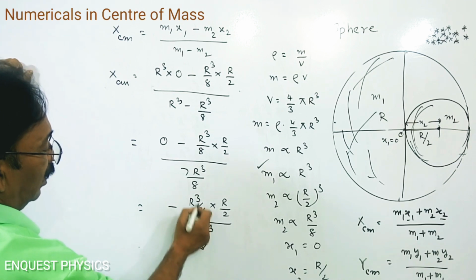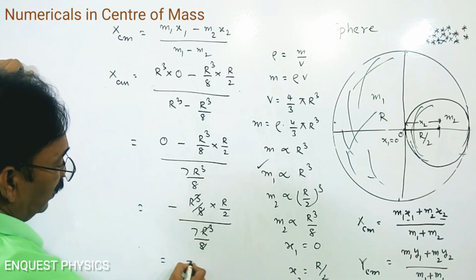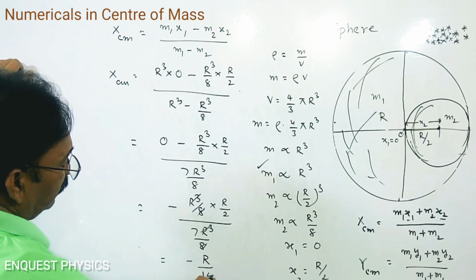Wait, the 8 and r cube get cancelled, and what you get is minus r by 14.